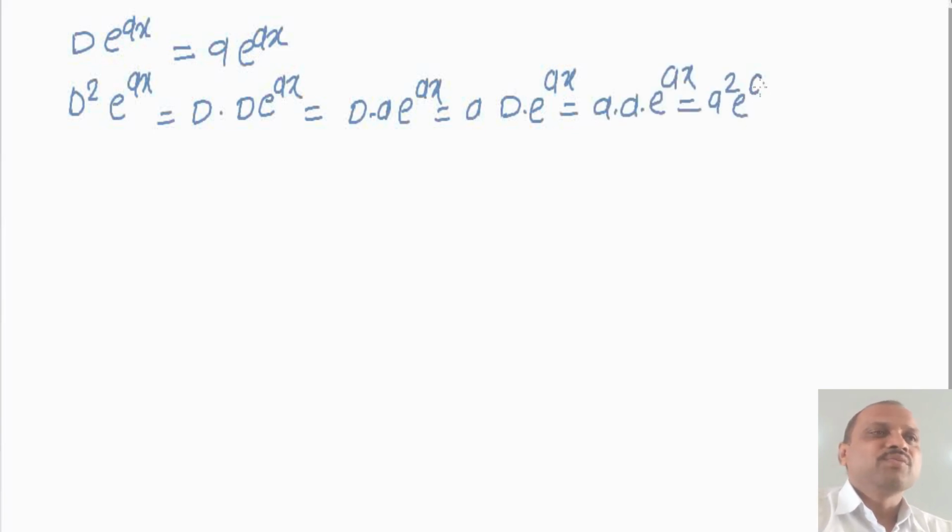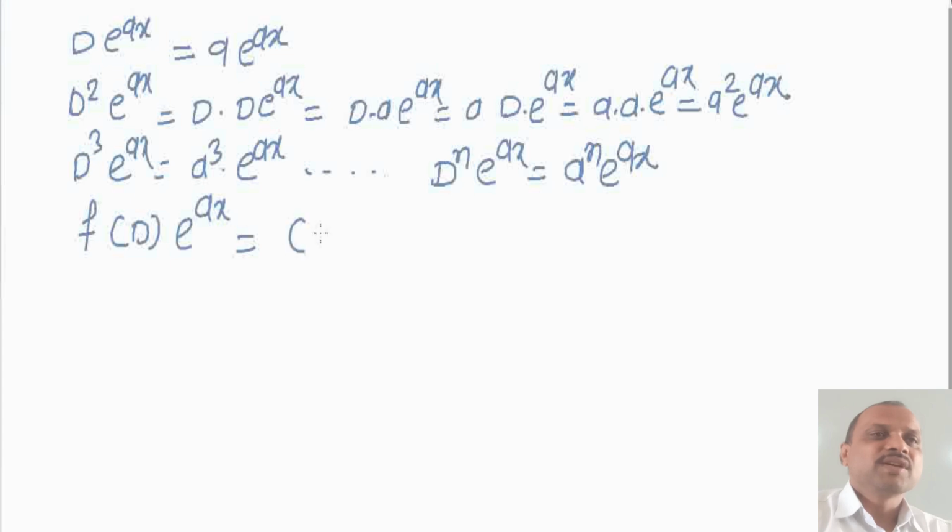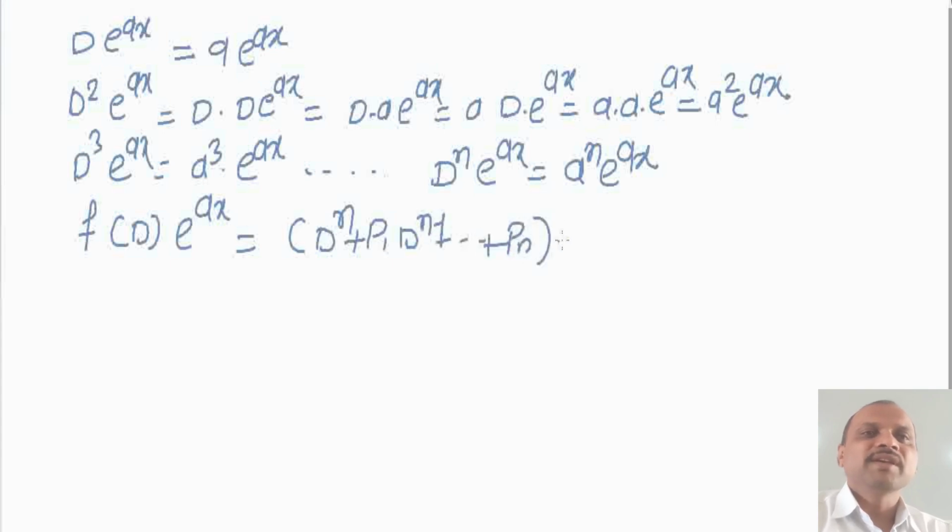Similarly, D cube e raised to ax equals a cube into e raised to ax. If we continue this, we have D raised to n e raised to ax equals a raised to n e raised to ax. Instead of this, if we consider f of D e raised to ax, then what is f of D? f of D is D raised to n plus p1 D raised to n minus 1 plus pn operating on e raised to ax.